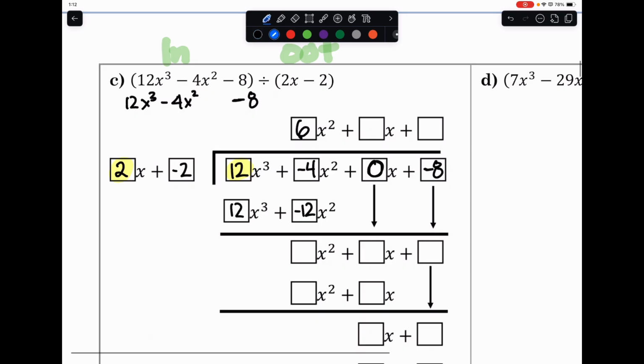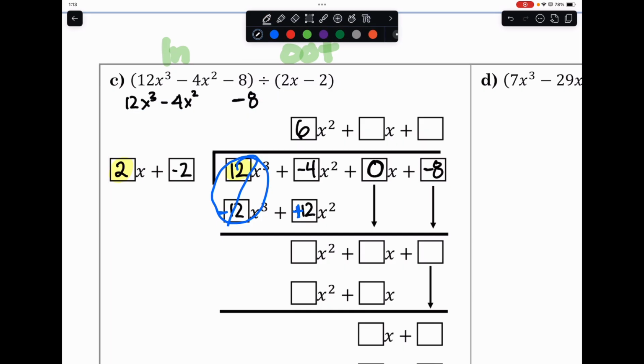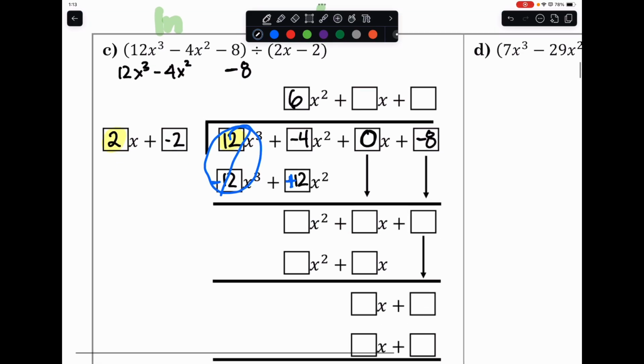We will switch those two signs. So this becomes positive, this becomes negative, and these are opposite, so they become 0. And since these values are opposite, negative 4 plus a 12, that's a total of negative 8. I'm sorry, positive 8, not negative 8. And we'll bring down the next two terms.